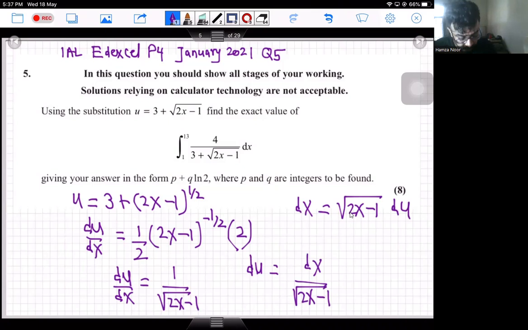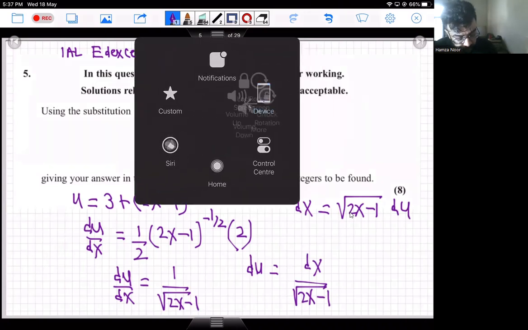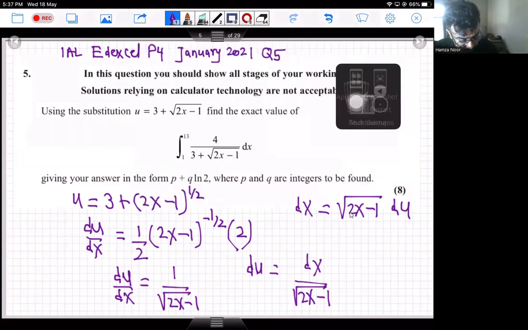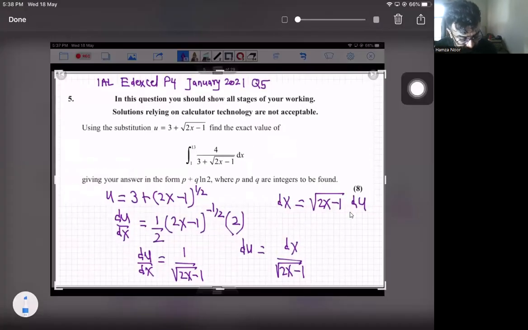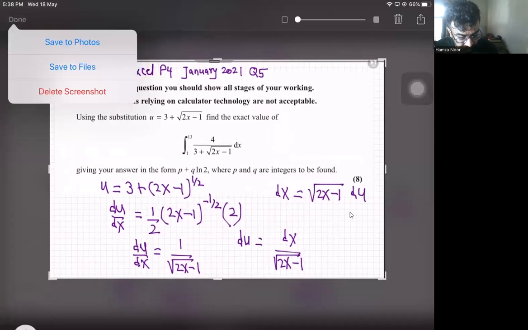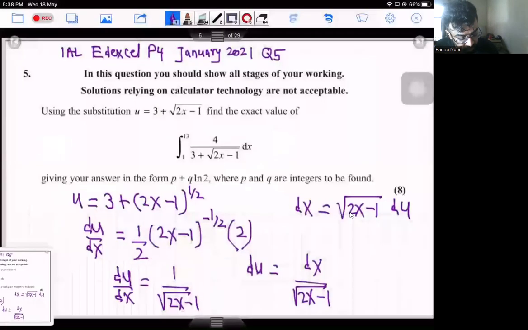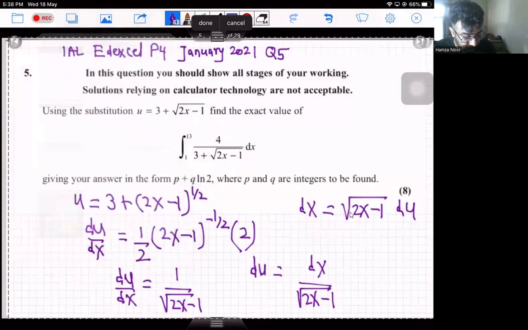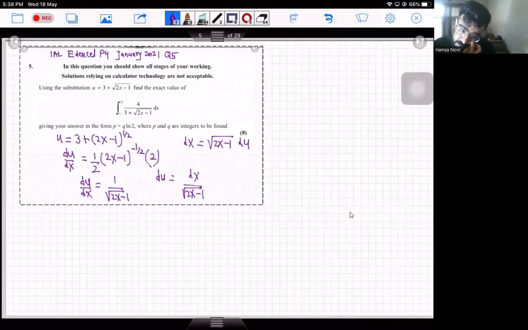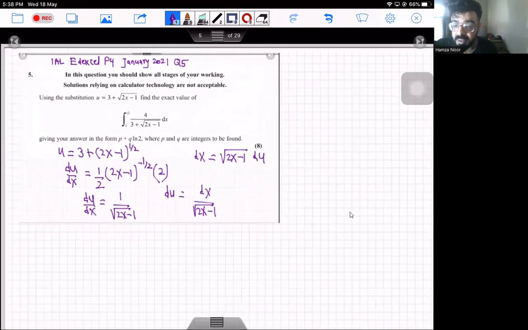Now we need to introduce the new limits as well. Originally, this upper limit 13 and lower limit 1 are of x. We need to convert them into u by using the substitution u equals 3 plus the square root of 2x minus 1.